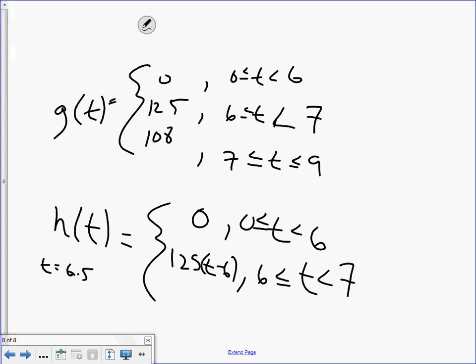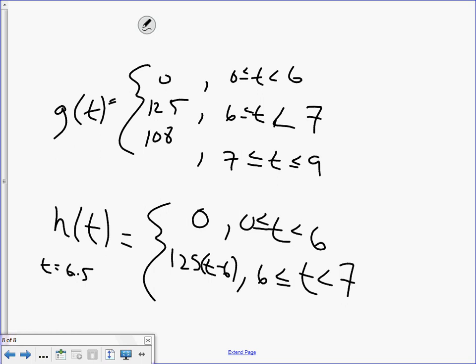But you're trying to get the amount of time she's shoveling at that rate. If she only starts shoveling at 6, and you're trying to figure out how much snow she shoveled at a particular time, you have to subtract 6. Now that we've seen that, this is good all the way from time 6 to 7.